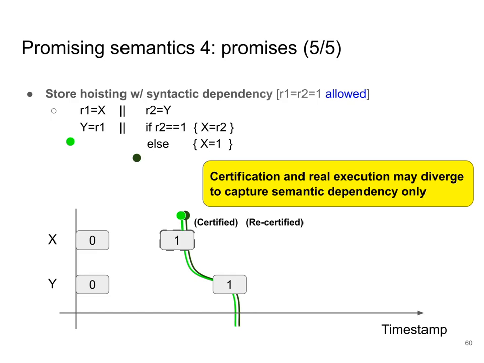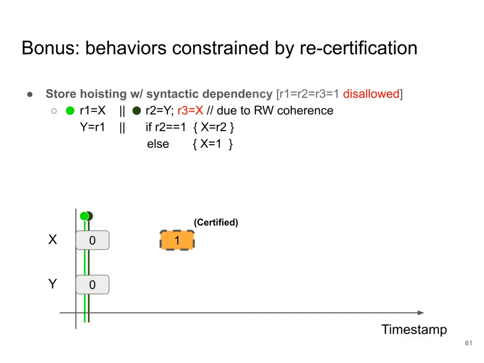Okay, so as I said, certifications and real execution may diverge to capture semantic dependency. Here is a bonus example where you are going to see the need for a recertification.